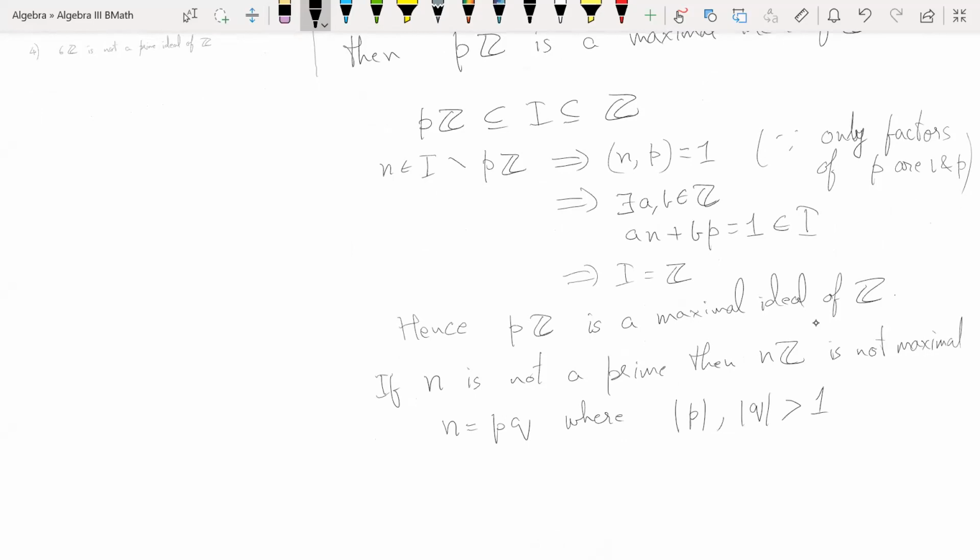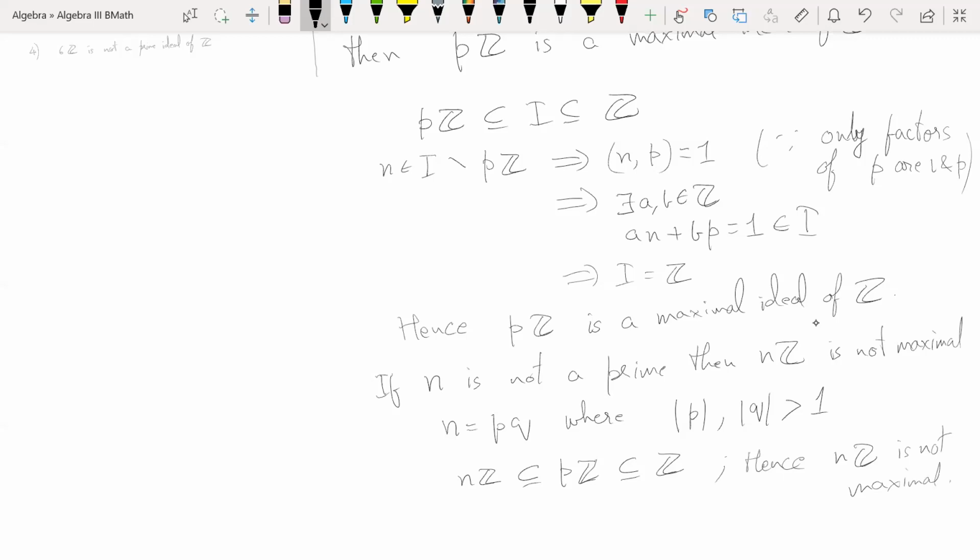So N could be negative here, but anyway, minus N and N give rise to the same ideal. So if N is not a prime, then N equals P times Q, and that tells you that NZ is going to be contained in PZ, and also in QZ. But that is enough. So PZ is a proper ideal in Z. Hence NZ is not maximal.